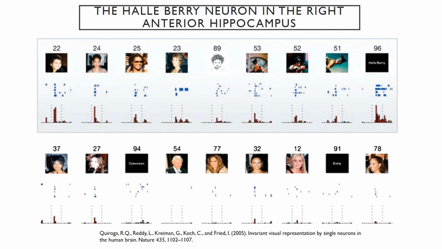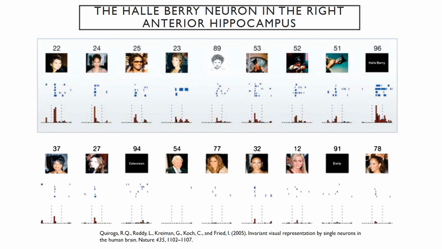Okay, so this is actually a study that was done in humans. Some humans, when they're having neurosurgery done, will volunteer to participate in studies. This is someone that was having, I believe, an electrode implanted into their hippocampus in order to help with seizures.